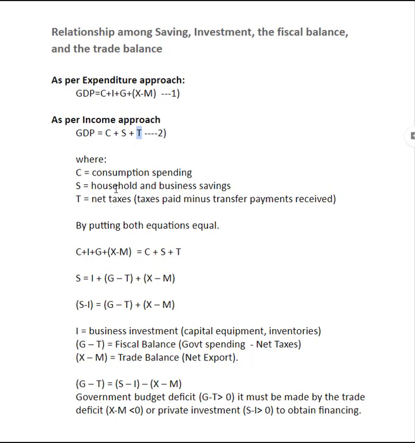So our basic premise is that GDP should be equal between both the expenditure and income methods.